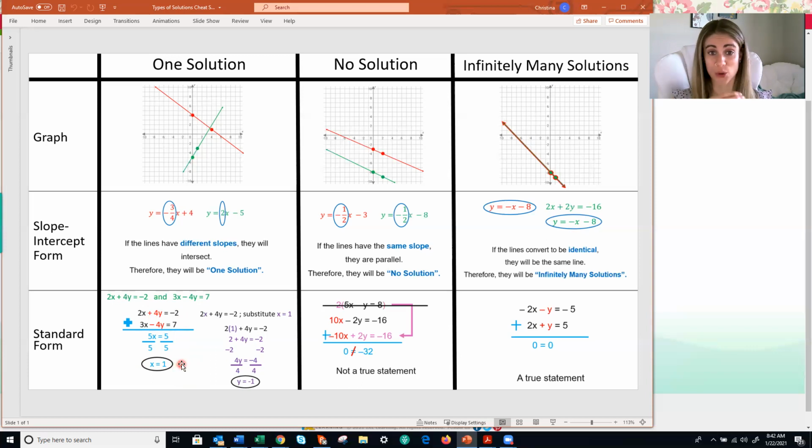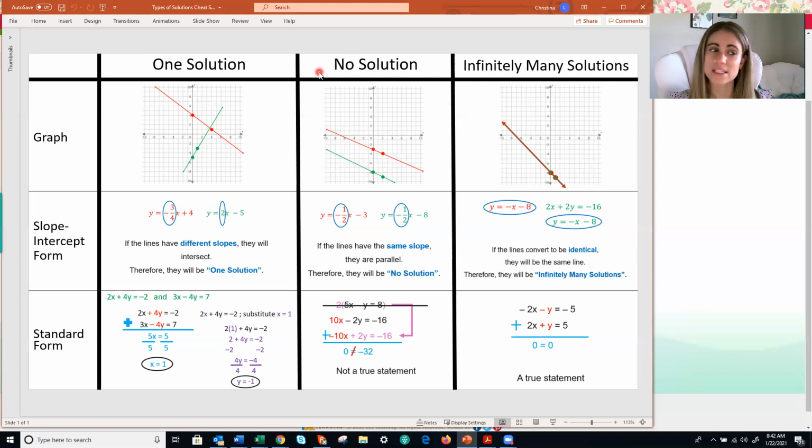Once you realize that you have a value for x, that means you technically could stop if all it wants to know is how many solutions, because by finding that x, you know that they're going to cross at some point in time. So you would therefore be able to just do a little bit less work and say, all right, cool, it's one solution.